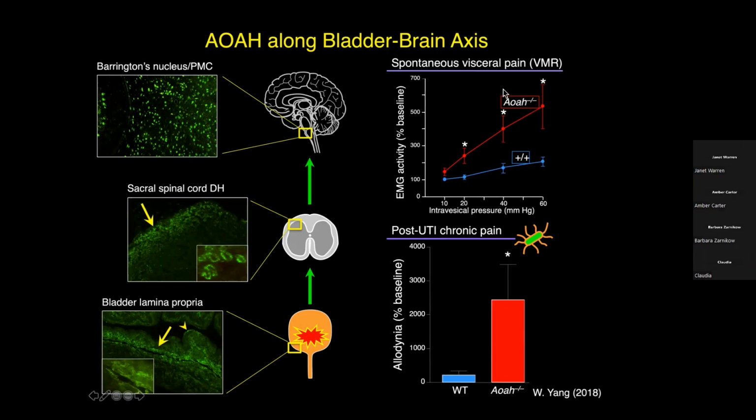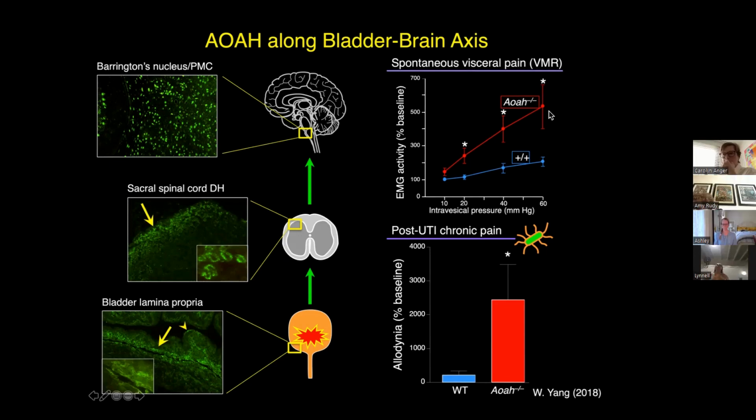You can think of this gene as perhaps suppressing pelvic pain. When we give them an E. coli infection and look at chronic pain, again, these same mice have a much more dramatic response. On most scales, this is about a 200% increase. This is big, but it's much bigger in these mice. So this is one of our IC models, these AOAH mice.